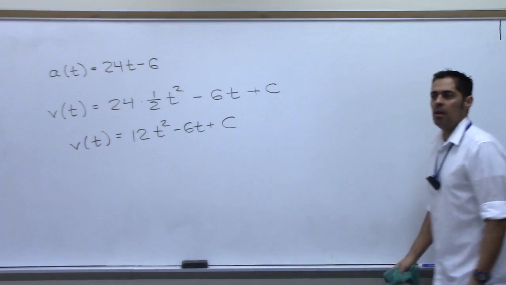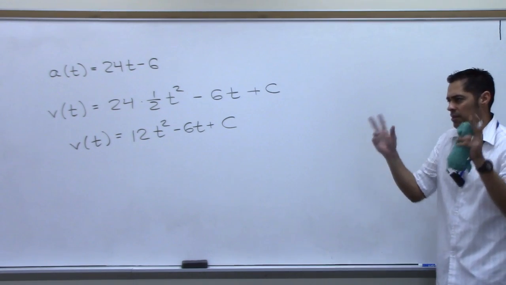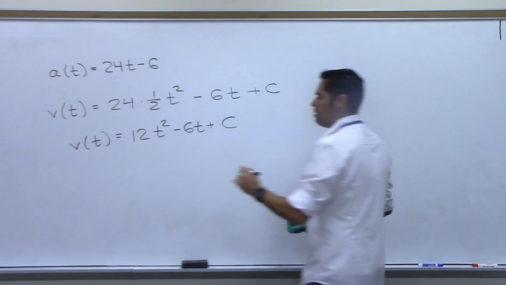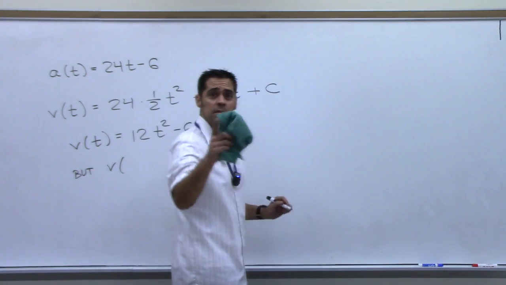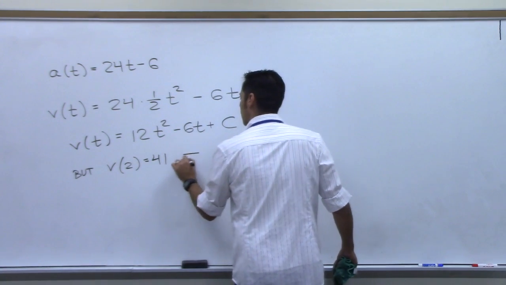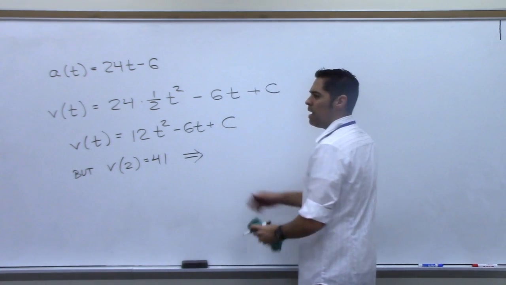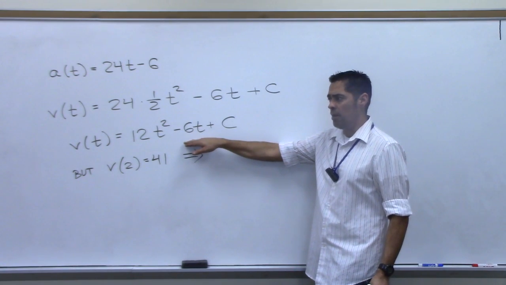Yes? Now I'm going to use the condition. V of 2 was 41. That implies that when I plug 2 into this for t, it should spit out 41.